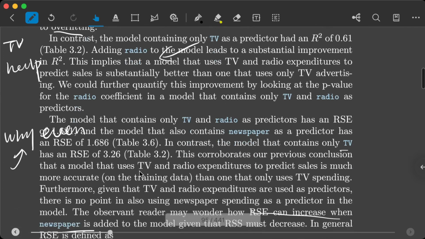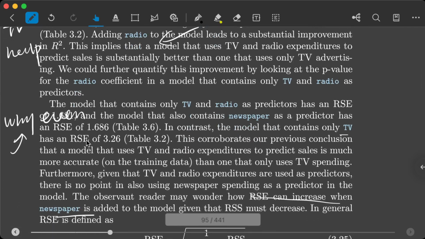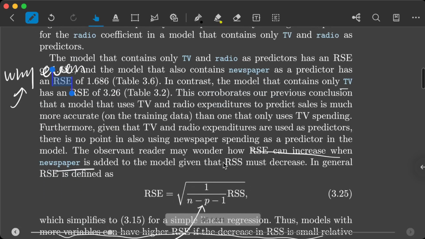After this, the author also mentioned the value of RSE, the residual standard error.